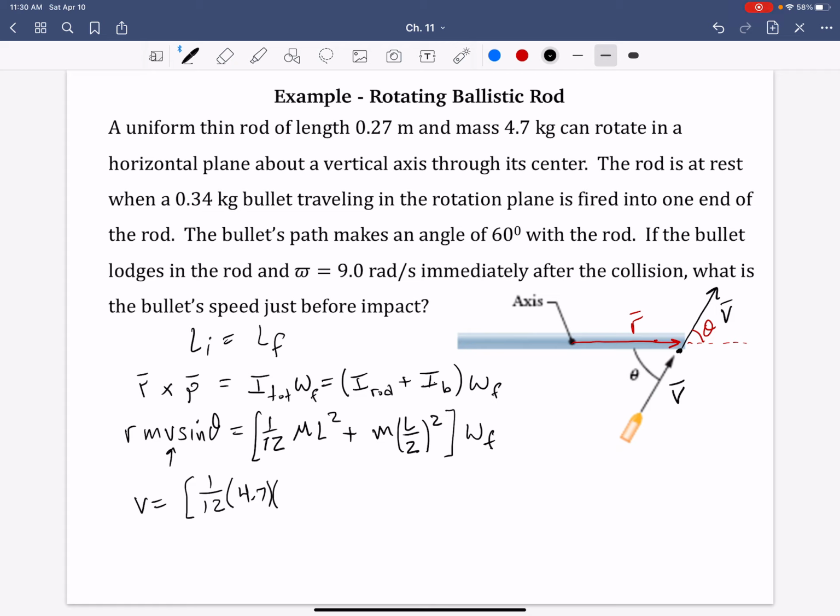L, the total length, by the way, is 0.27. Plus the mass of the projectile, 0.34 kilograms, at a distance of L over 2, which is 0.135, squared. All that times the final omega, which is 9 radians per second, SI units.